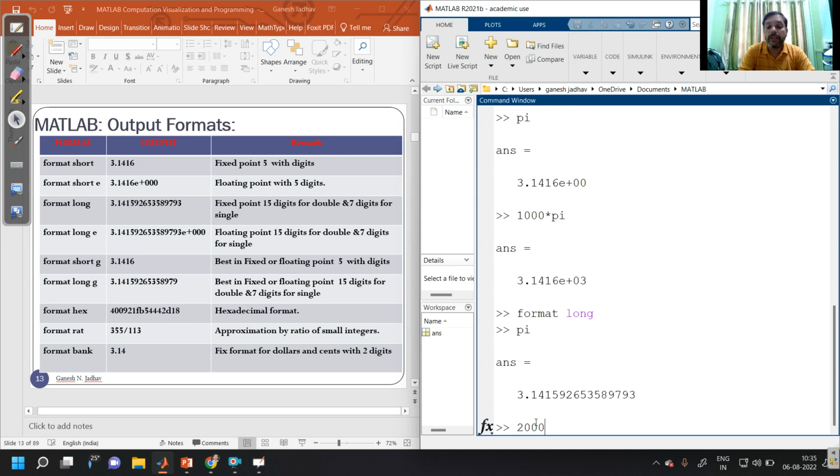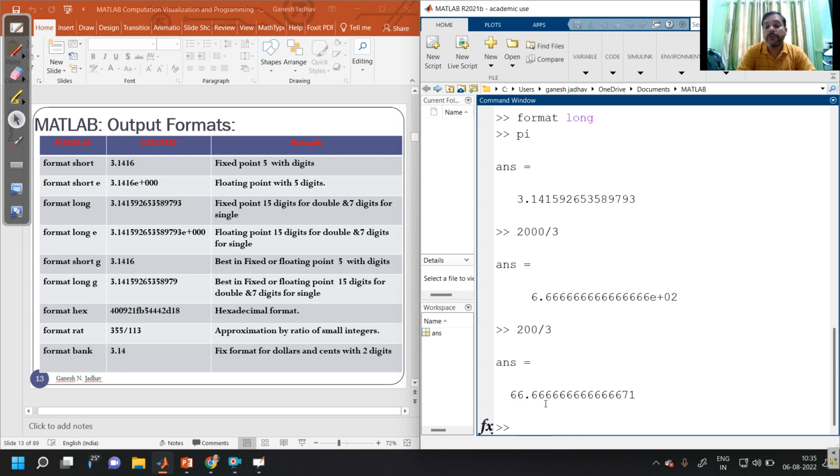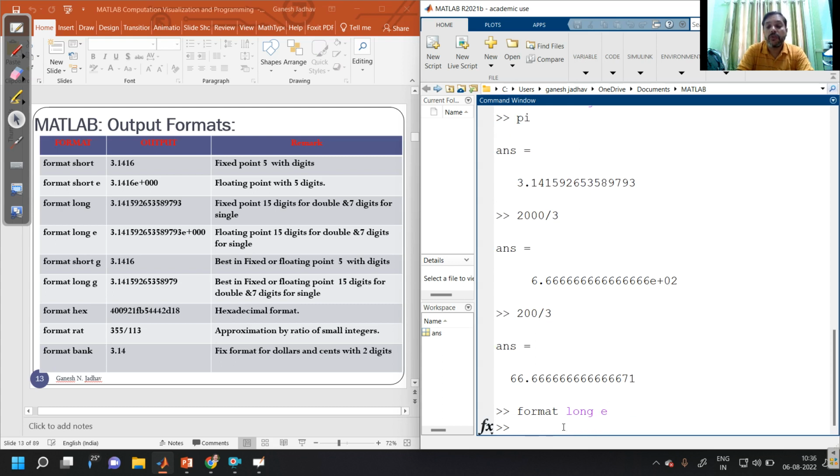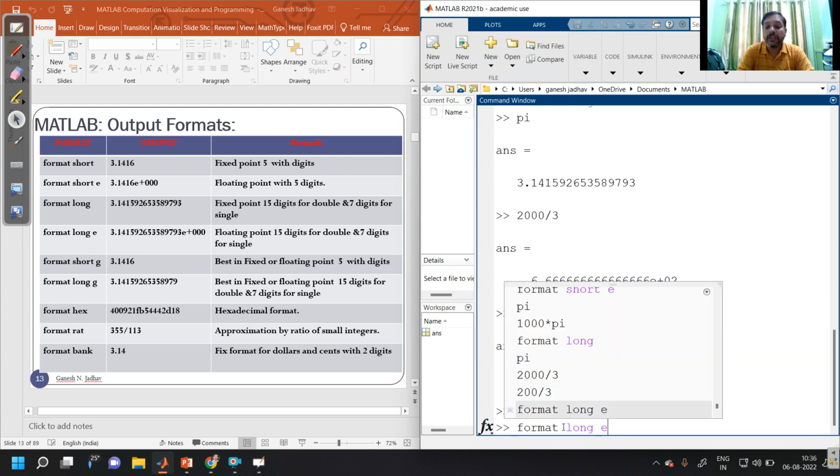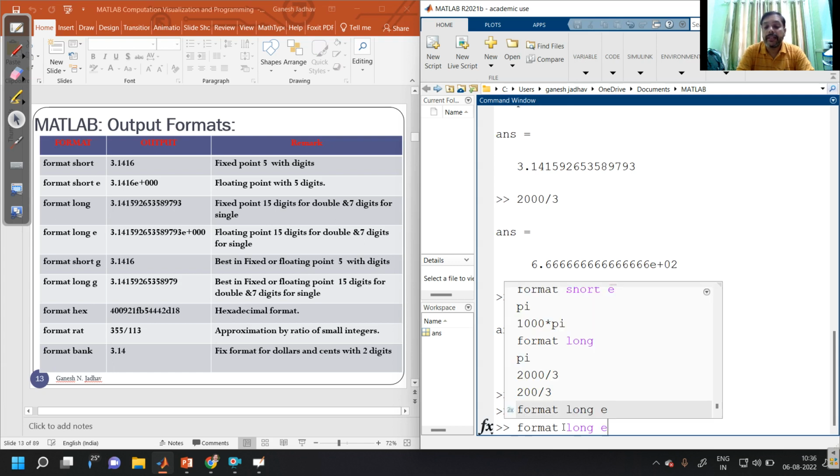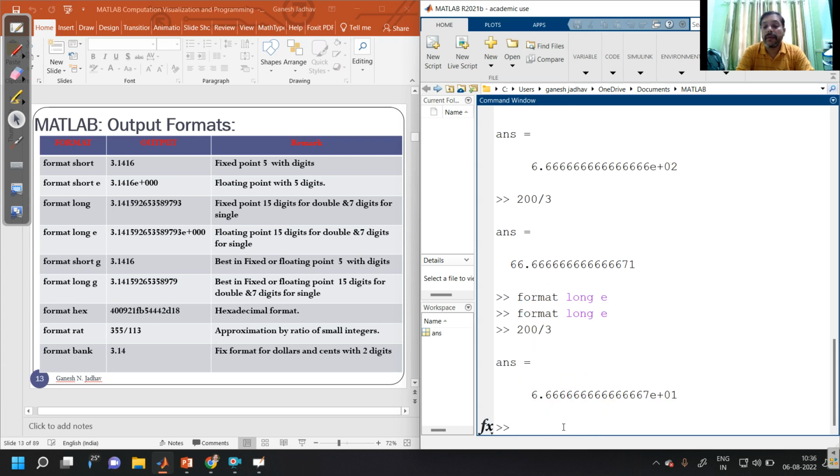Similarly, I type 200 divided by 3. You will observe that this value is shown in terms of decimal points. Now I will change this format to format long E. If I display the previous result, 200 by 3, you can observe it is 6.6667 into e raised to 1, that is 10 raised to 1, that is 66.667.